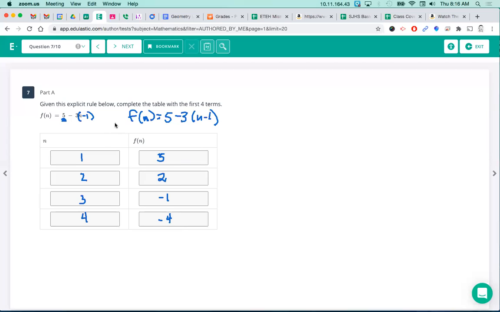In this one, I mean, the pattern here is you're subtracting 3 each time. Okay, 5 minus 3 is 2. 2 minus 3 is negative 1. Negative 1 minus 3 is negative 4. If you can identify from the rule what's happening from one term to the next, you don't have to plug your values in and use the equation.